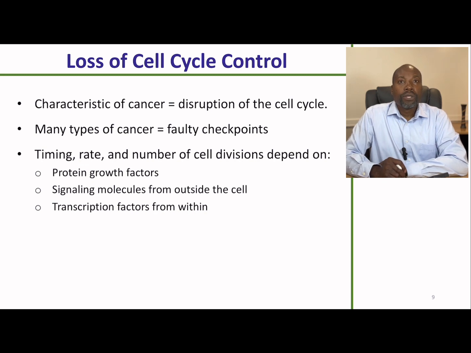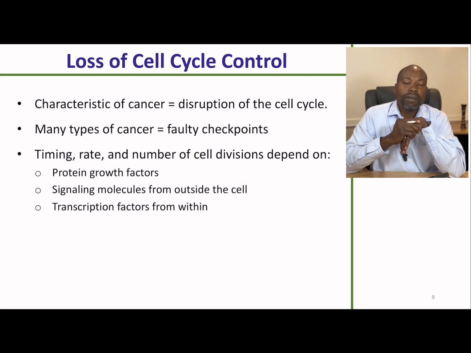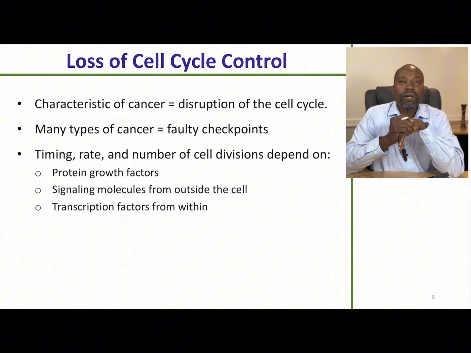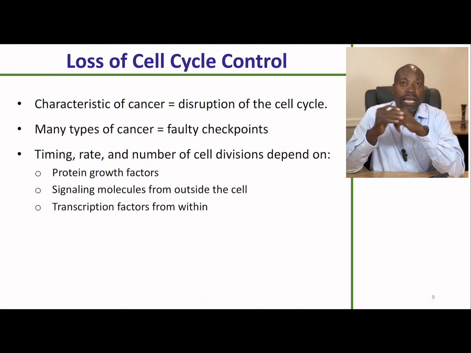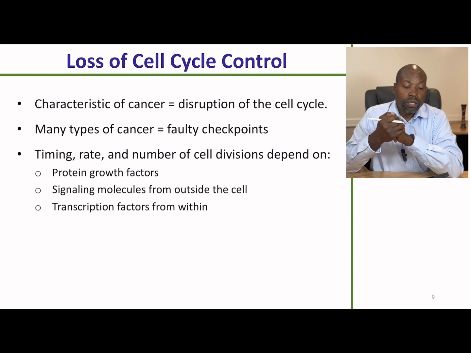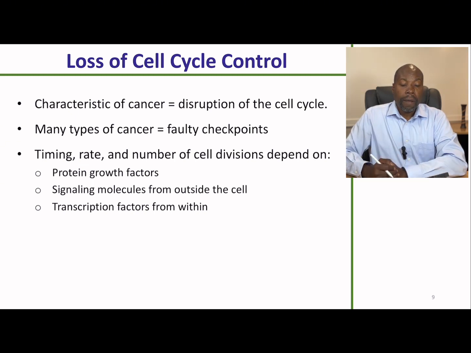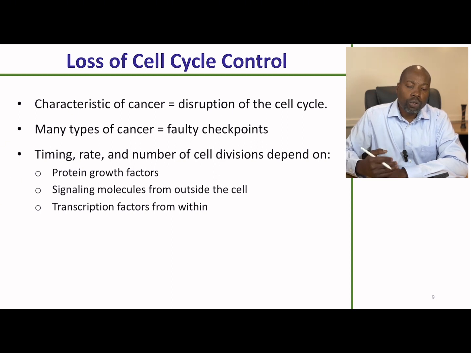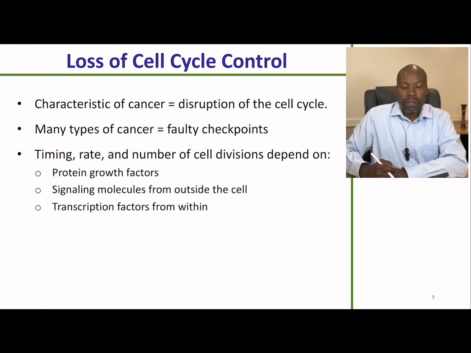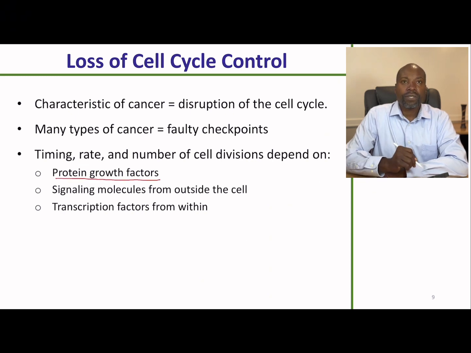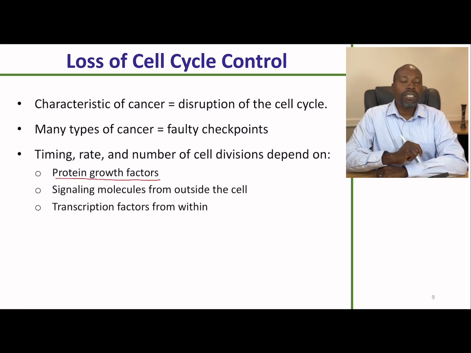All right. So we said earlier that cancer is because of uncontrolled cell division, which means that cell division is controlled, right? At which level is that cell division controlled, and what controls it? We have protein growth factors that stimulate cell division.